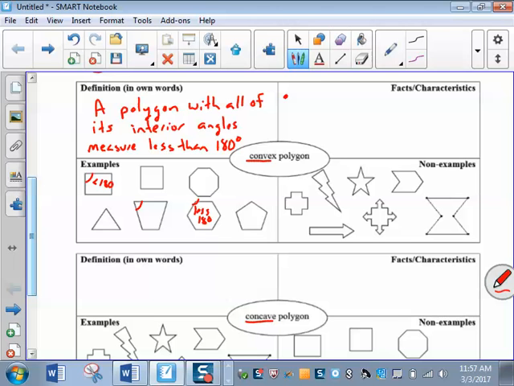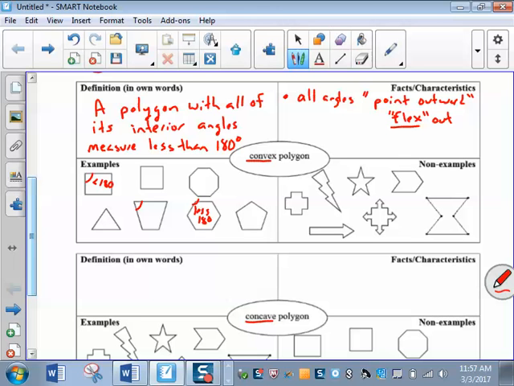So another way to think about this is that all the angles point, spell that correctly for you, all of them point outward or flex, convex, flex, out, right?